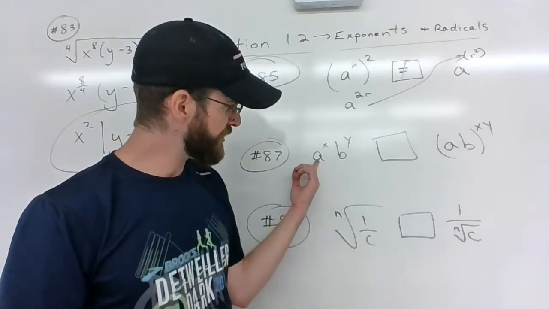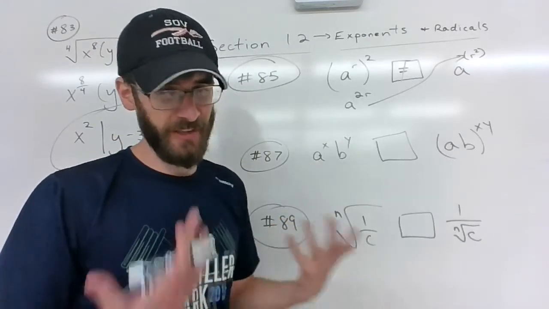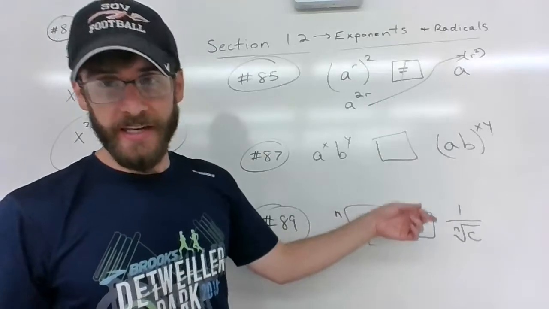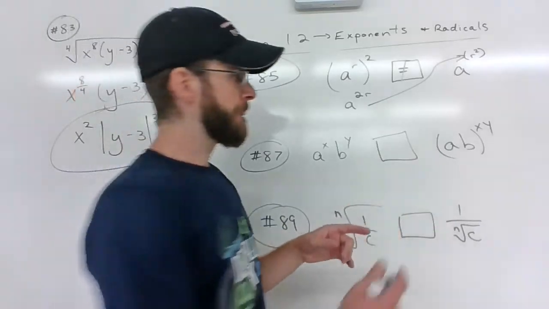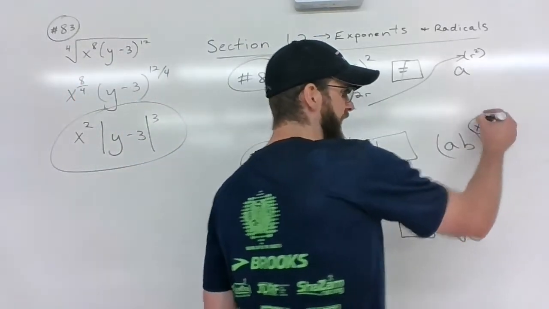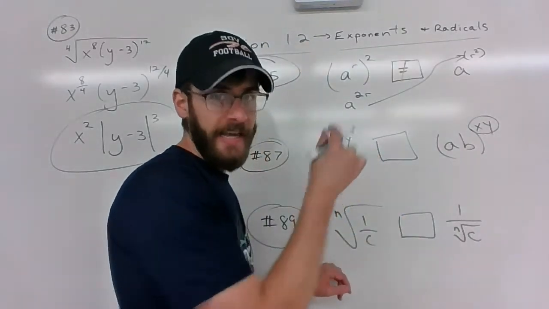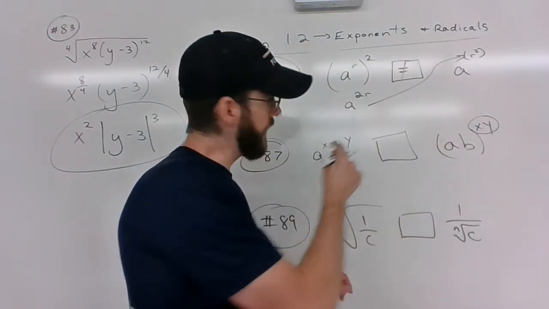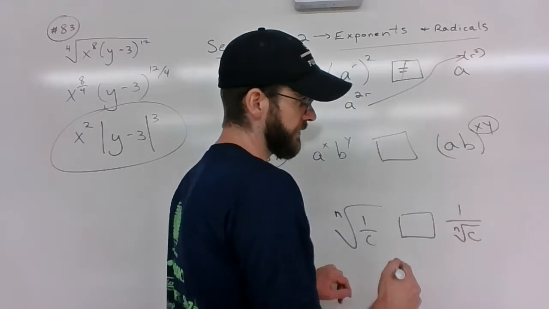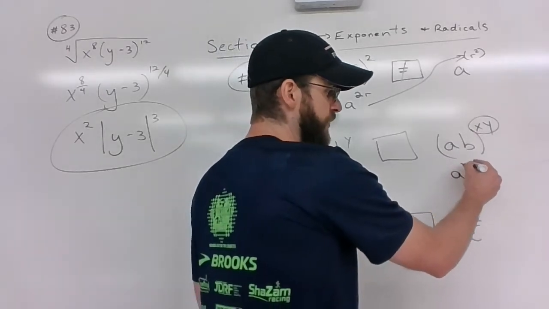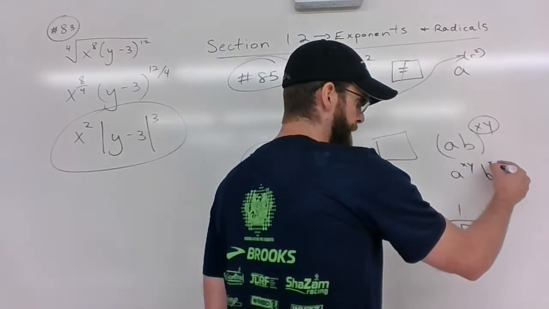It's kind of hard to tell what to do with the a to the x, b to the y. There's not really much place to go. But on the right-hand side, I can talk about this xy, that total xy, gets distributed to both the a and the b. So this is the same as a to the xy times b to the xy.